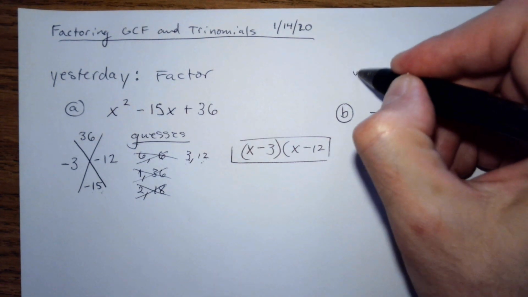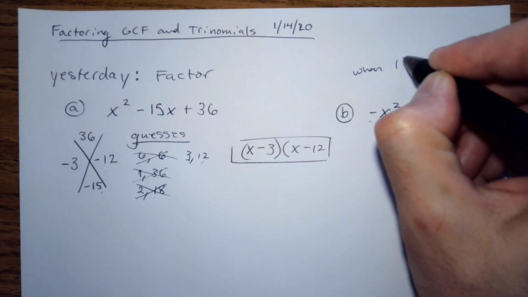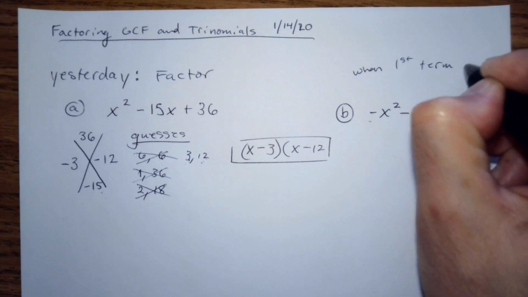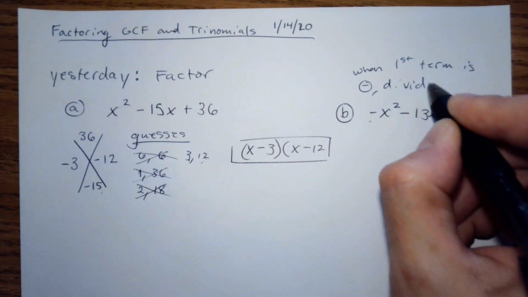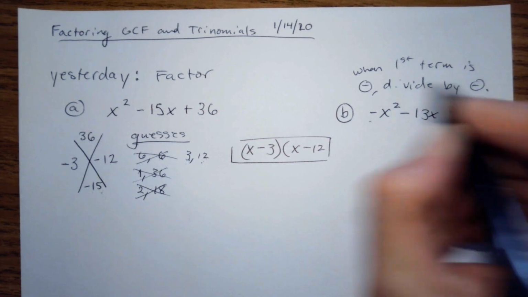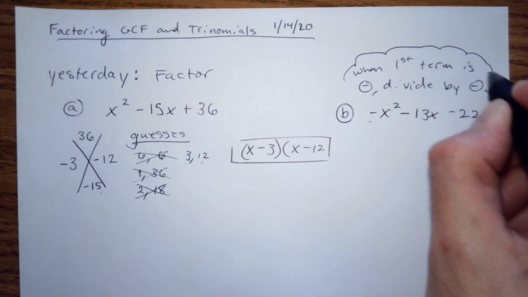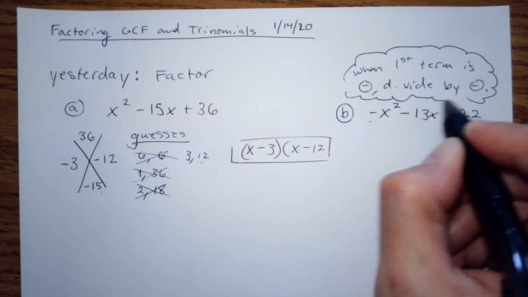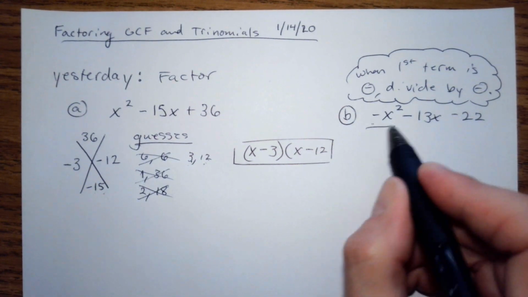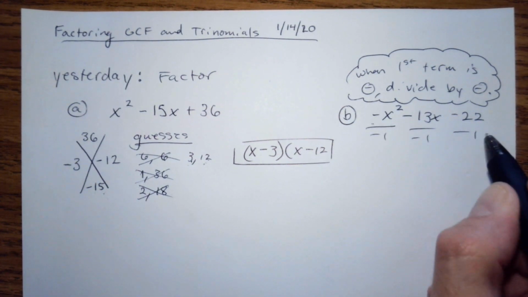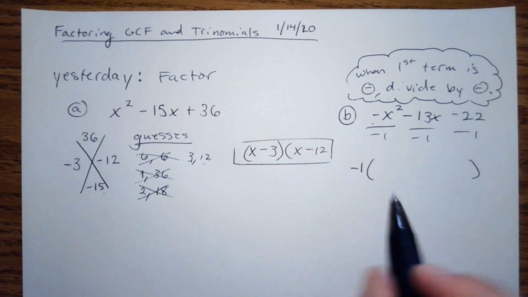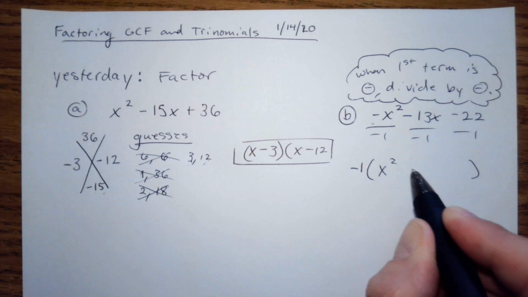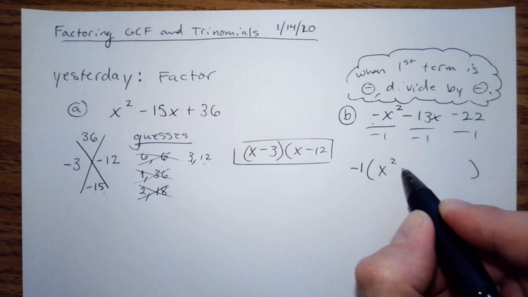So when the first term is negative, divide by a negative. So I'm going to divide by negative 1. Then whatever I'm left with goes on the inside of the parentheses. I'm just changing all of these signs then.